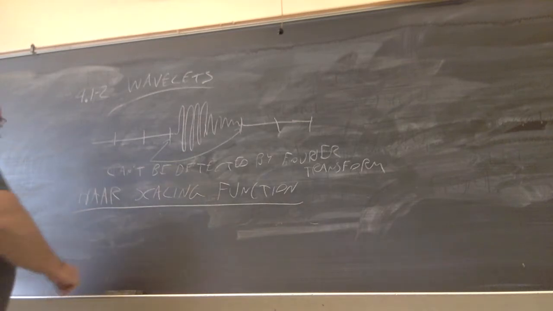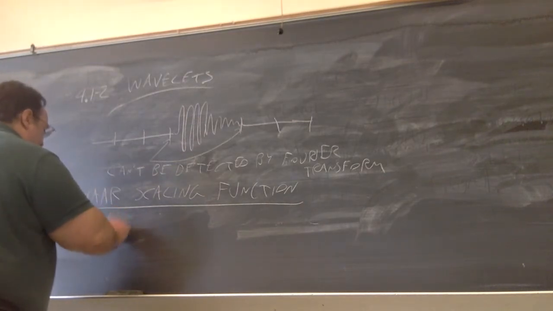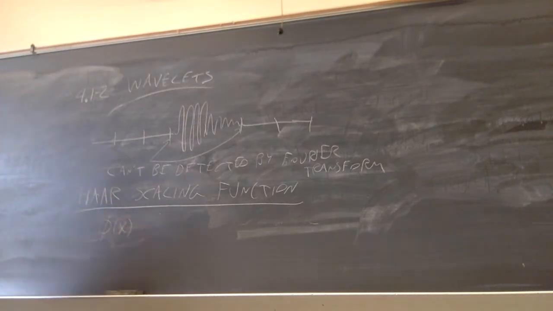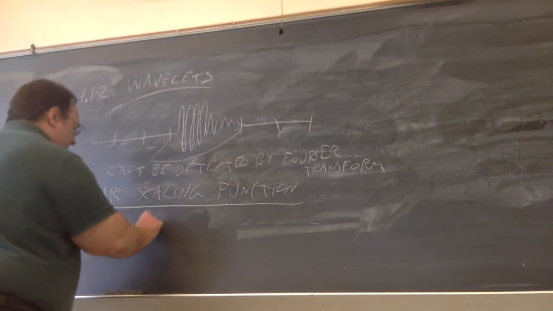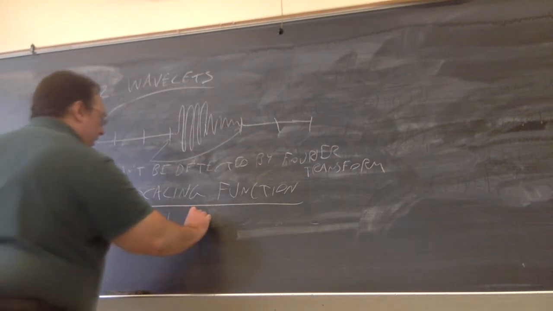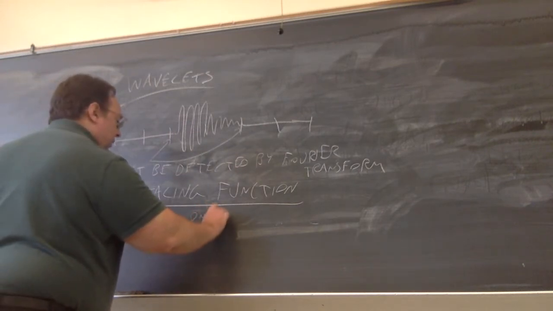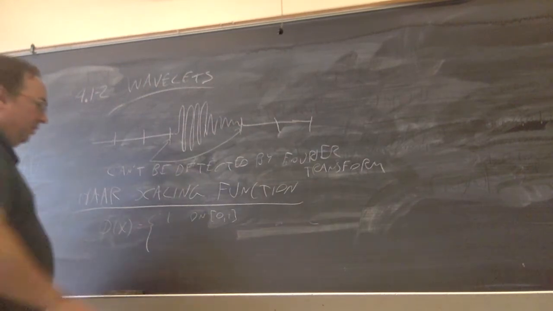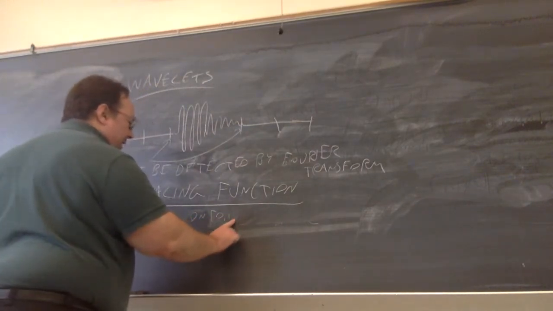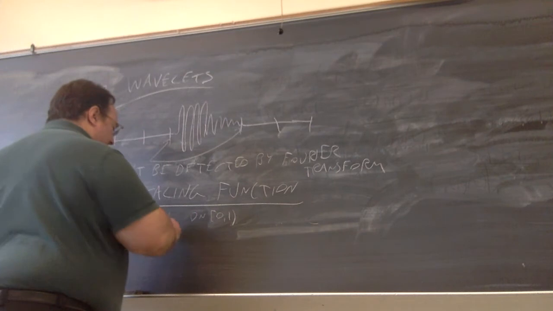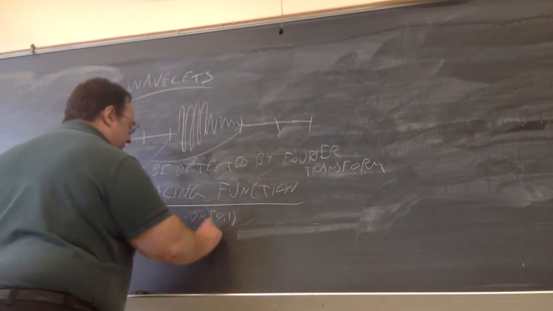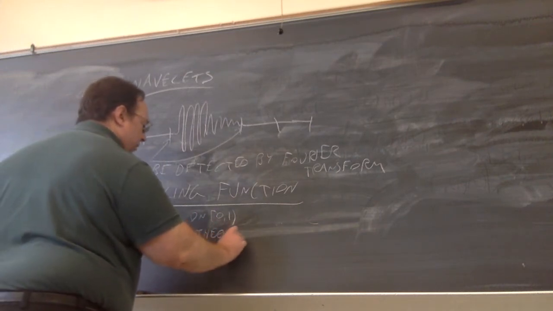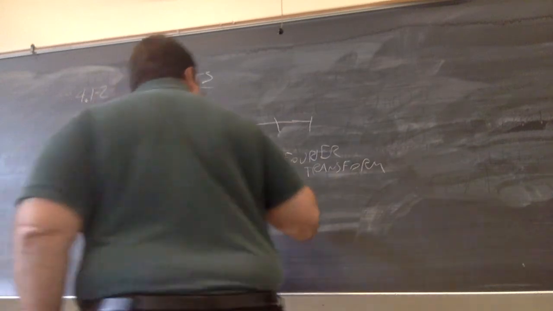So I'm going to use phi to refer to the scaling function, and it's equal to 1 on the interval 0 to 1, up to but not including 1, and then 0 otherwise. So it just behaves like this.